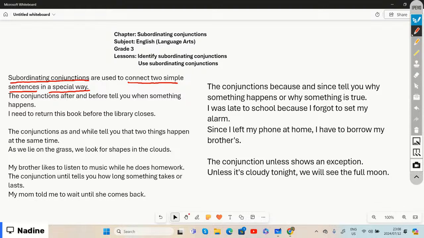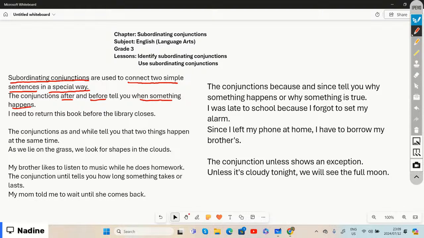If we go into subordinating conjunctions, it says there are different kinds of conjunctions. The conjunctions after and before tell you when something happens.